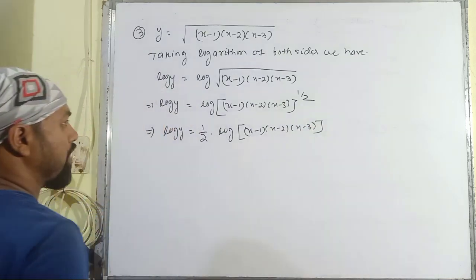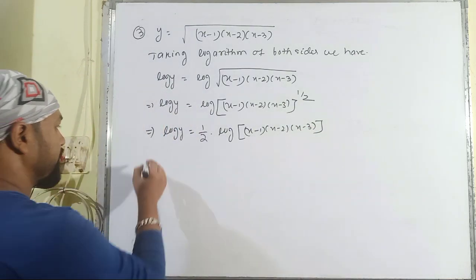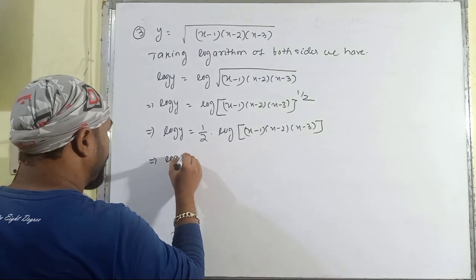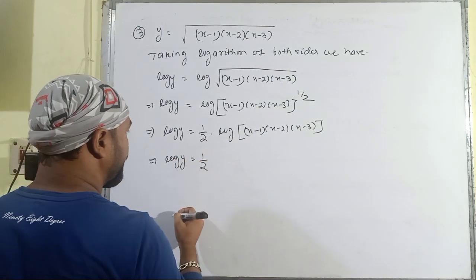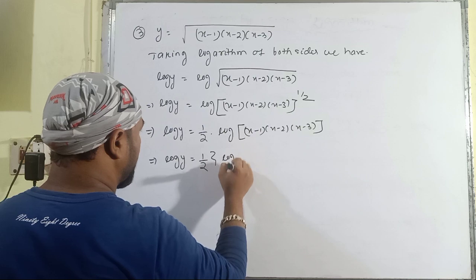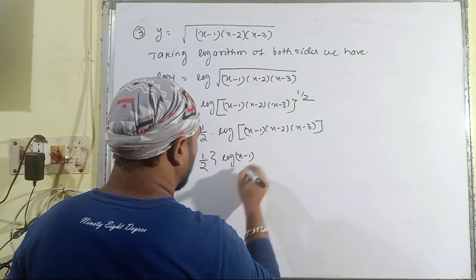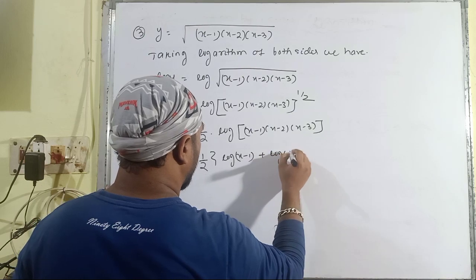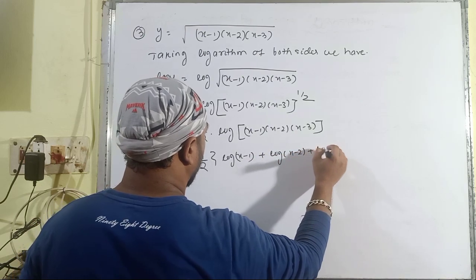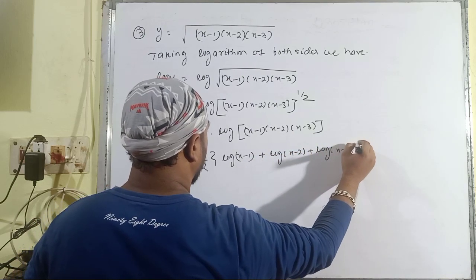Then again we have to apply the properties of logarithm here. So log y is equal to half multiplied with [log(x-1) + log(x-2) + log(x-3)].